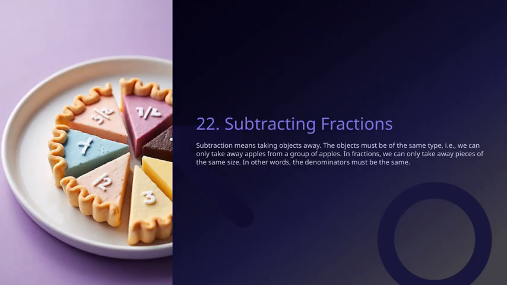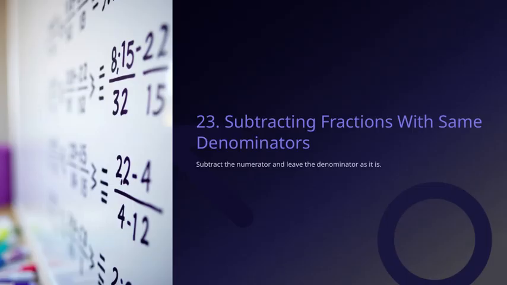This helps us compare and work with the pieces accurately. So the key point here is that, for subtraction, the fractions need to have the same denominator, ensuring we're subtracting like parts. This concept connects to the overall theme of understanding how to work with parts of a whole in different ways.